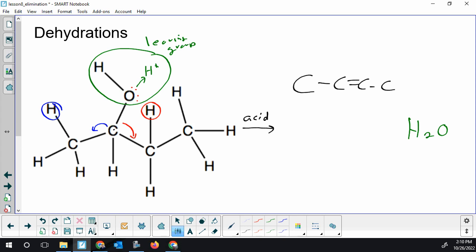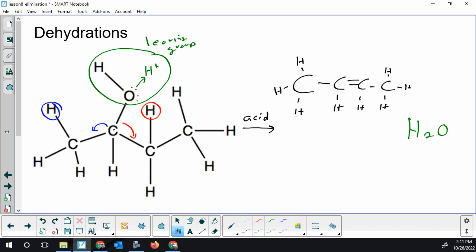We're also going to lose that red circled H, and everything else stays. So we've eliminated an OH and an H. Now I have to be careful when I draw to make sure I have 4 bonds in all the carbons. Okay. So we get a water and we get butene for the red version.